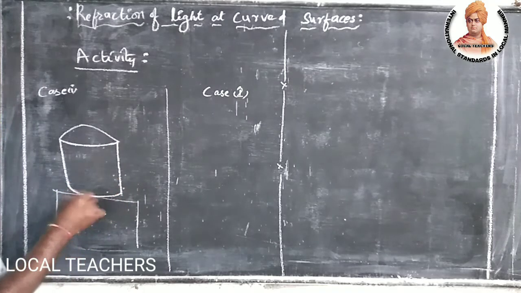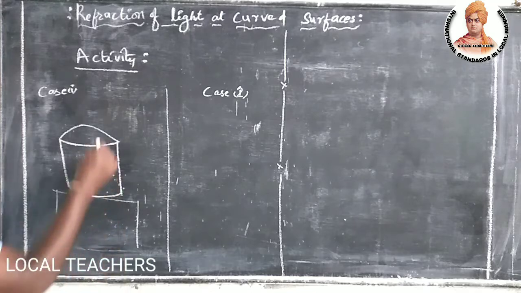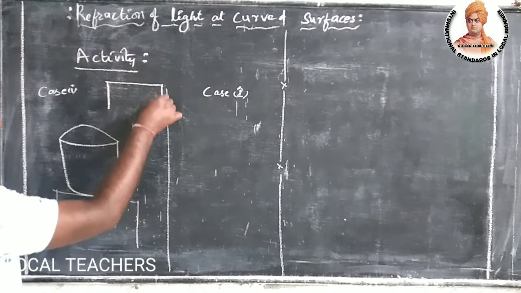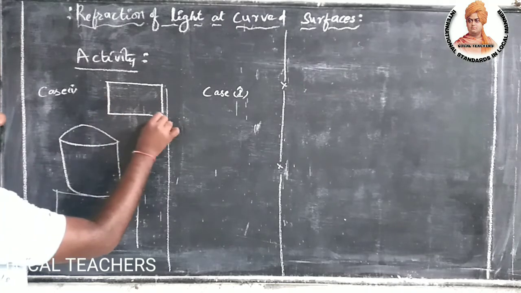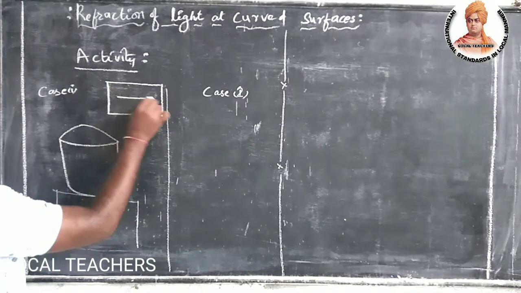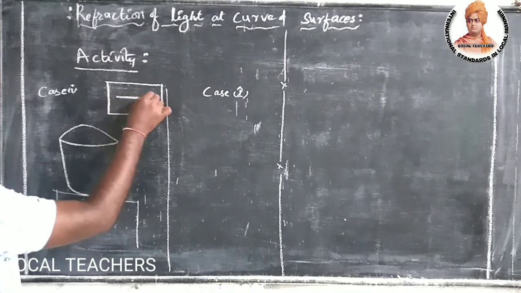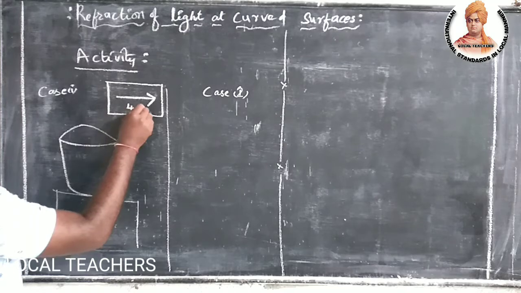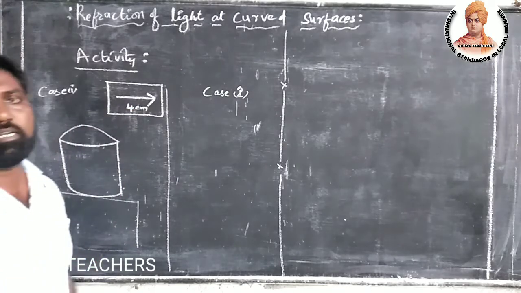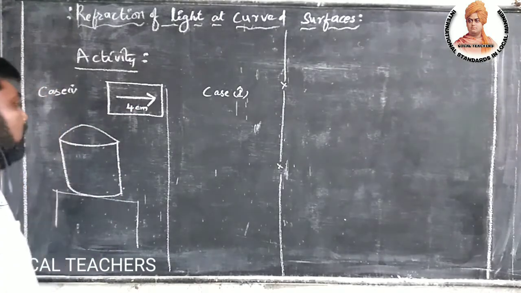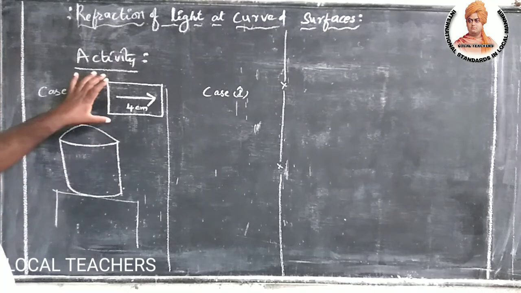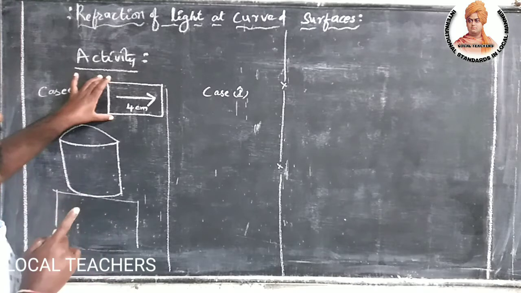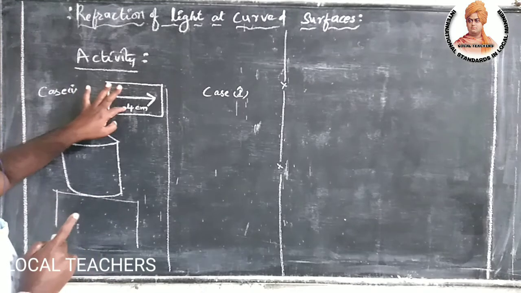On the paper sheet, by using the sketch pen, we draw an arrow. It is 4 centimeters. So the arrow mark which is drawn on the paper is 4 centimeters.